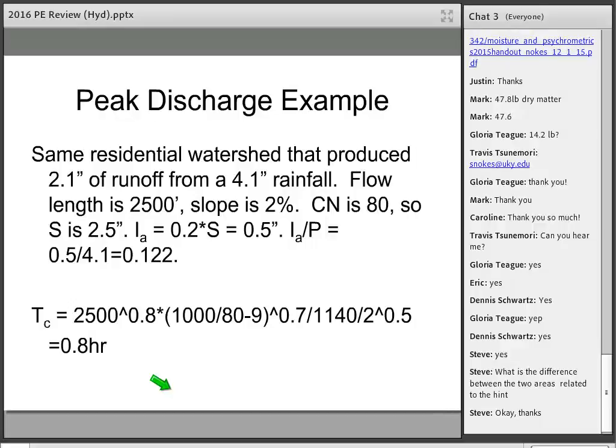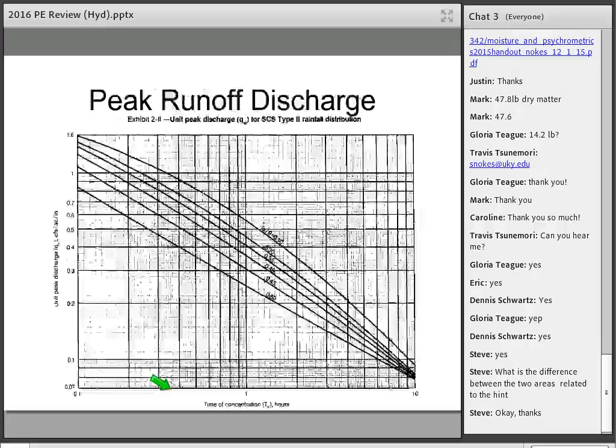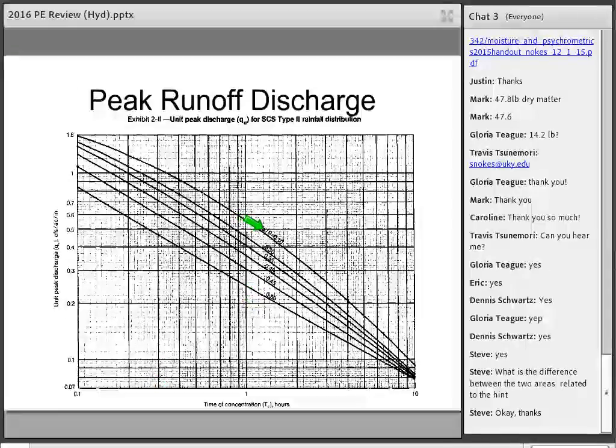Initial abstraction is 2/10 of that, so it's half an inch. Initial abstraction divided by P is half divided by 4.1, so it's 0.122. And that's what this parameter is that is kind of hard to read in the center: initial abstraction divided by the precipitation.